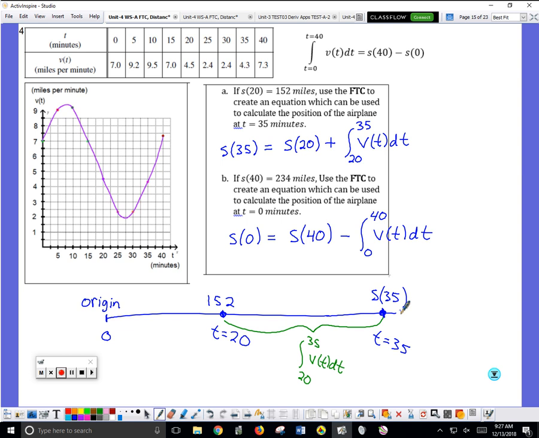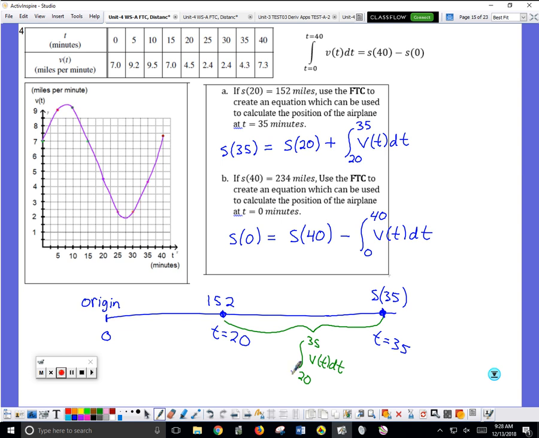If this helps me kind of think of it. They want an equation for the position at time 35, so they want to know where the plane is right here. The way I think of it is, at time equal 20, the plane is located at location 152.